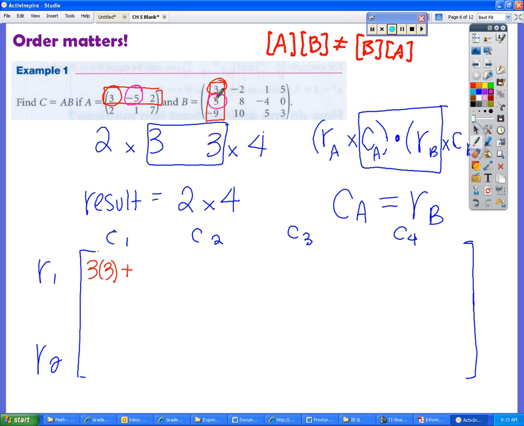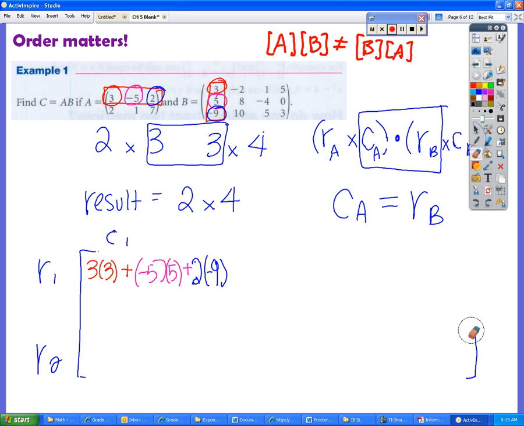So it would be negative 5 times 5. And then plus, last term would be 2 times negative 9. And obviously I'm going to run out of space. So let's see if I can move this over a little bit and start to write smaller. Obviously I wouldn't have enough space to do them.